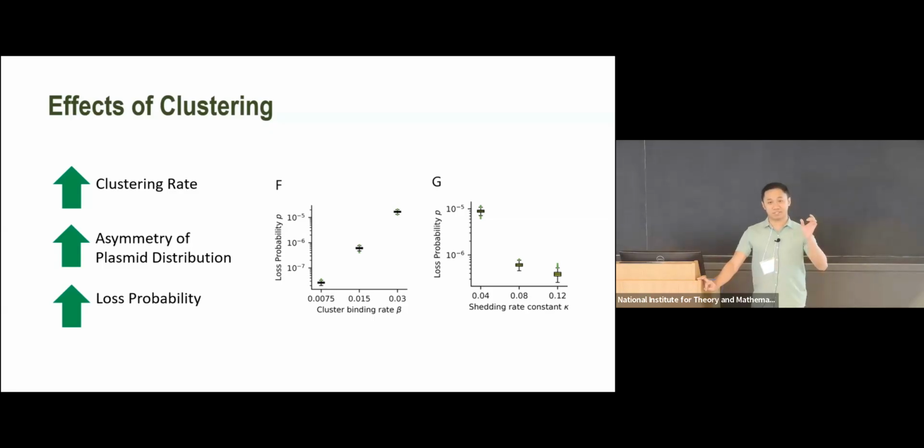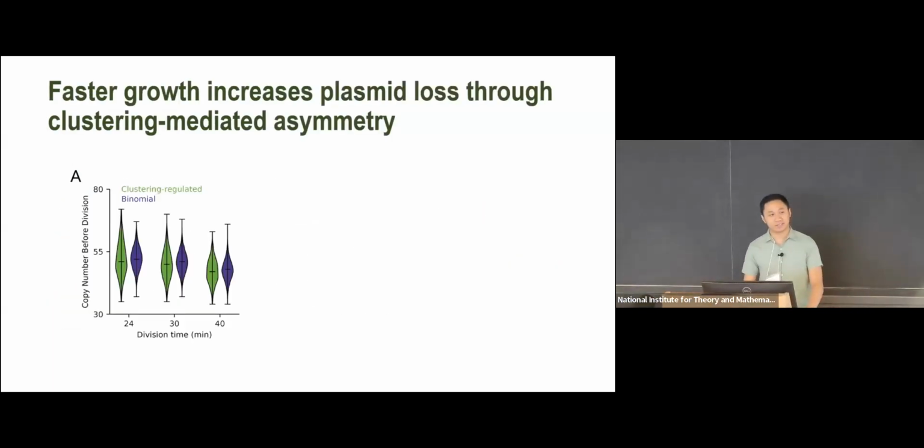The higher the division time, the lower the copy number is. So logic would tell you that, as we were saying earlier, as the copy number increases, loss should decrease, right? Now, what we found is that this is not necessarily the case.